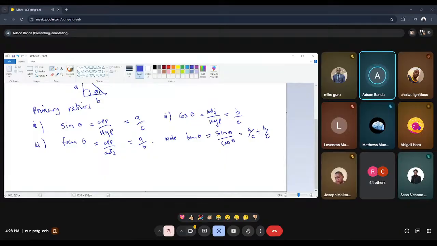I said that these are called primary ratios. Definitely you must have some secondary ratios. So let's think of secondary ratios. Let me use another board.